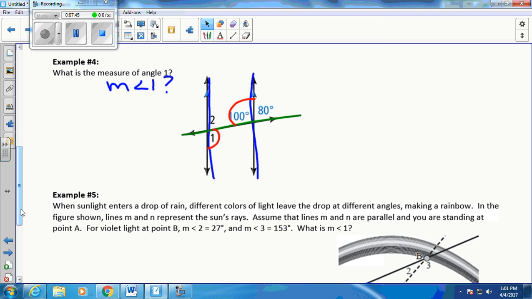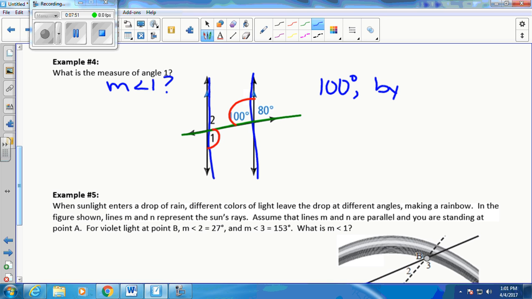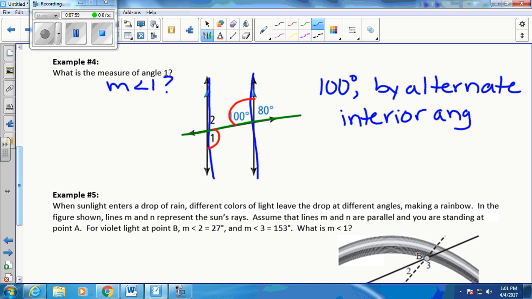So they would be alternate interior angles. So I'm going to say that angle 1 is 100 degrees by alternate interior angles. I'm just giving you my reasoning so that you can understand where I'm getting that from.